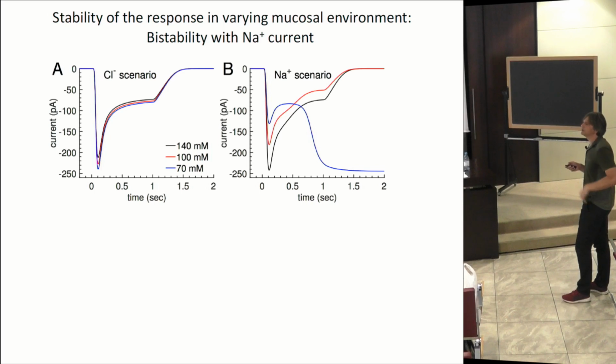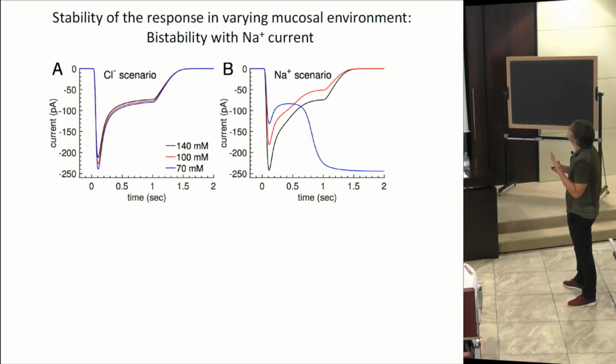So what if you change the concentrations of chloride and sodium in the mucus? Here are different simulations where you change the concentration of chloride and sodium in the mucus from 140 to 170. 140 is a Ringer solution, which is what the experiments were done with. You can see that basically it doesn't change the response.